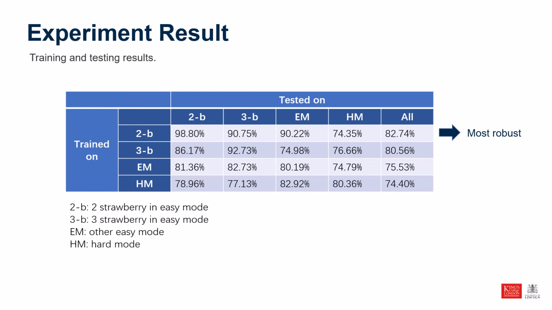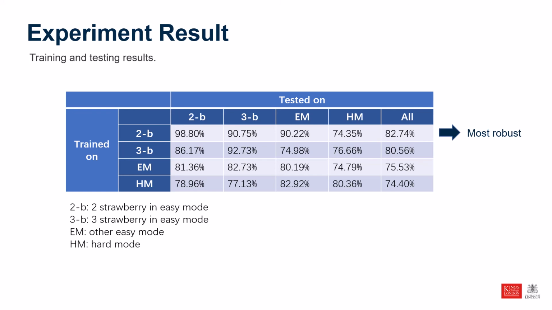The accuracy of the neural network trained on each dataset is shown in this table. The highest accuracy is 98.80%, both trained and tested on 2 strawberry easy mode game results.